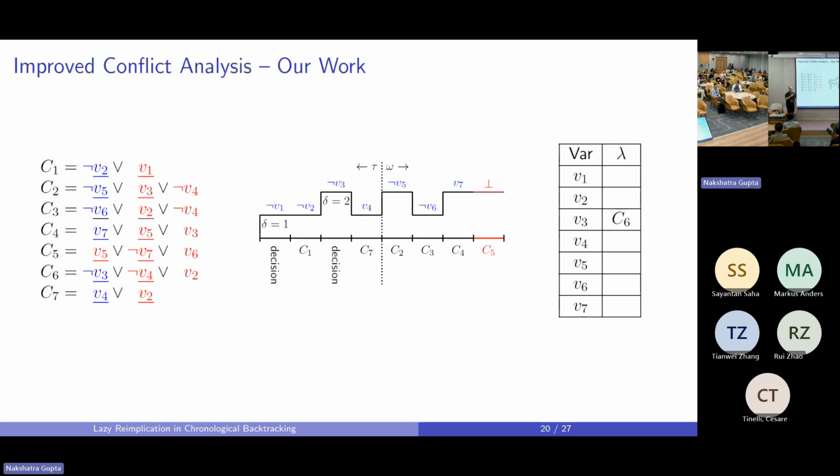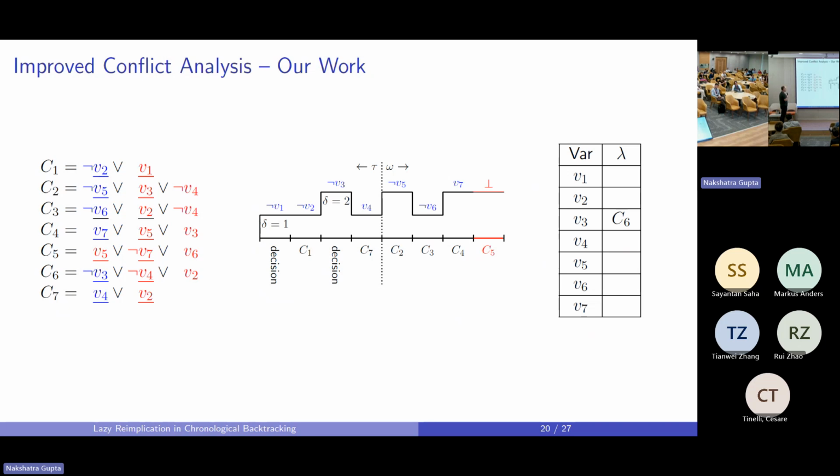I see. And you also said that it's kind of better for SMT. You expect it to be better for SMT. Can you explain why? We have not performed experiments yet. This is work in progress. But basically, when you reimply stuff, you almost always need to reorder the trail. Why would you say that when you backtrack, you also need to reorder the trail? In some cases, if you backtrack lower than the last thing you reimplied, for example, you could reimply v3, but then you learn a clause that is unit.